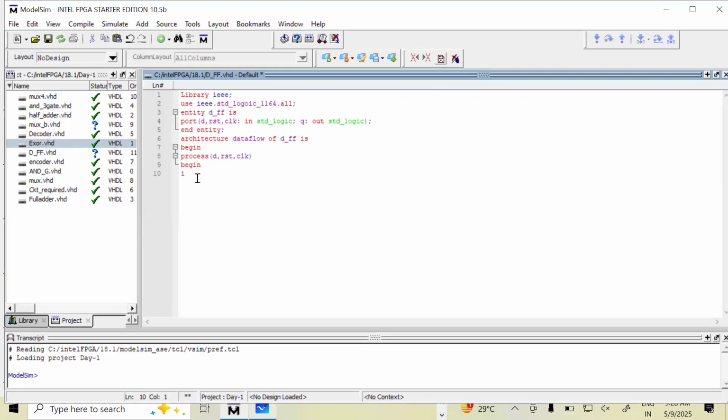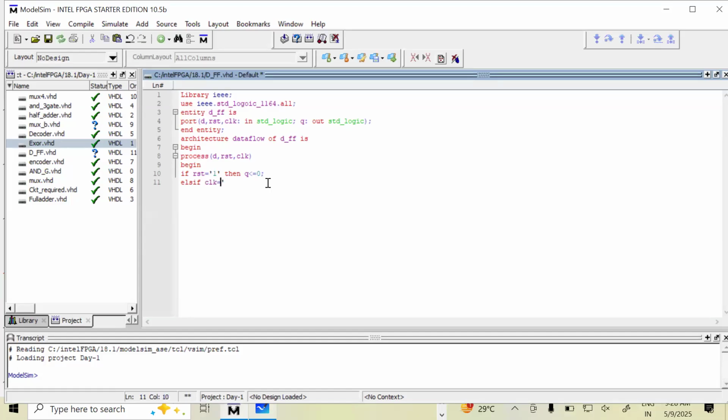Begin. If RST equals, since RST is of 1 bit size, if RST equals 1, then Q, that is output, is less than equal to 0. Else if clock, let's see how clock is written.